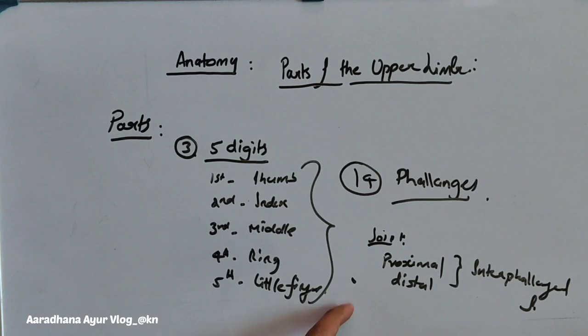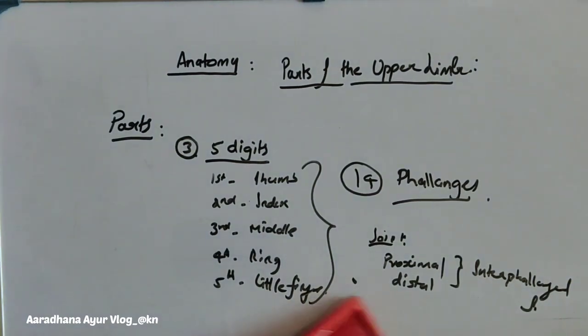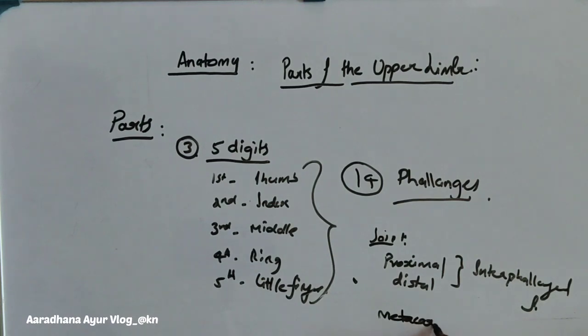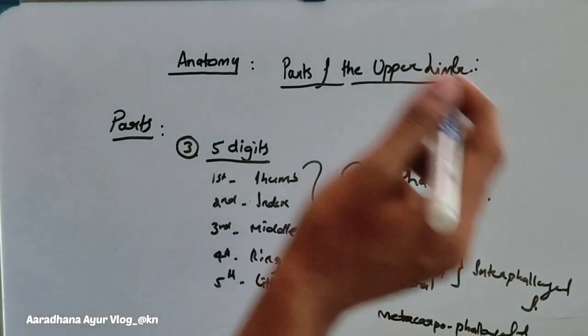Metacarpus and the phalanges also make one joint, that is the metacarpophalangeal joint.